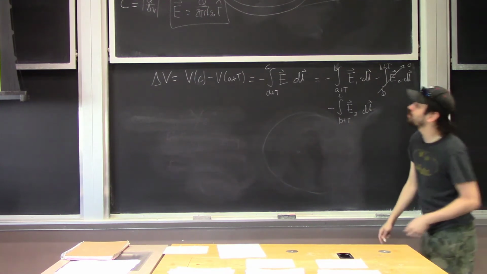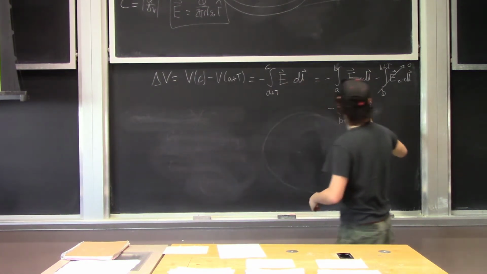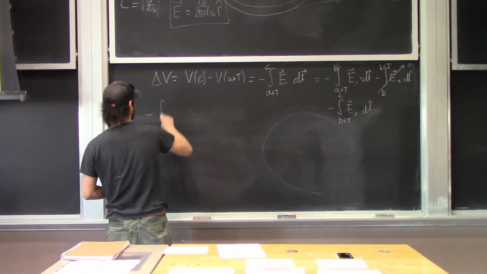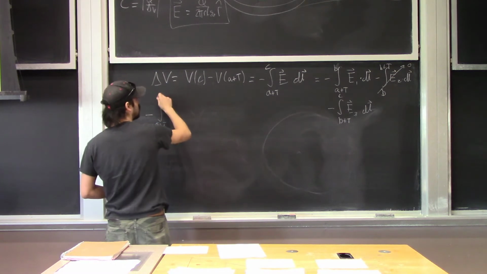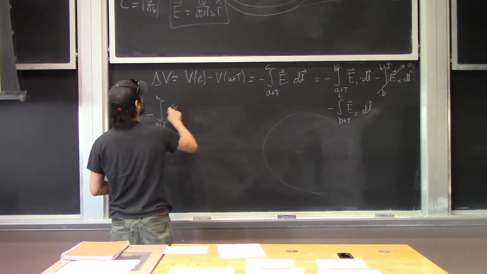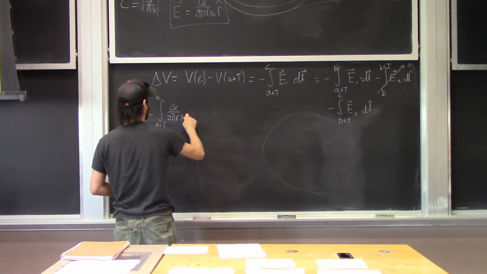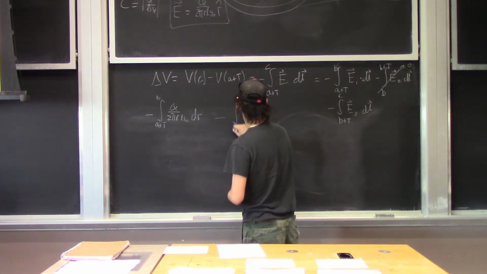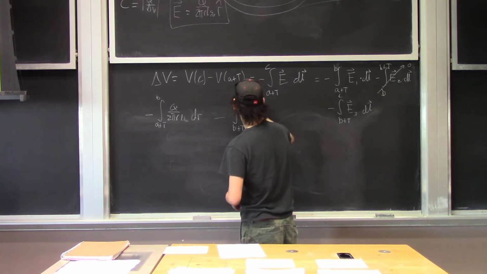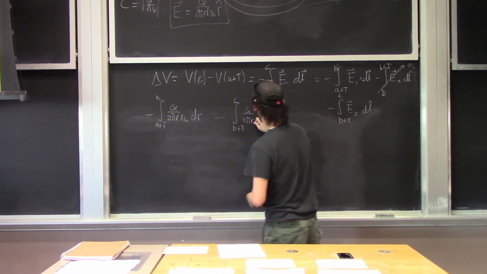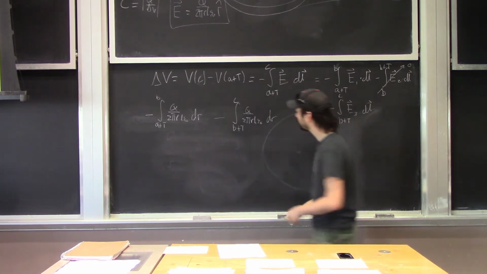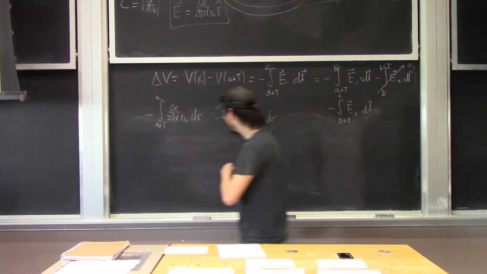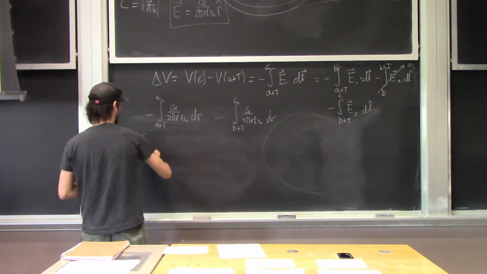And now I can plug in the electric field into these two integrals and then evaluate it. So this is going to be minus the integral from a plus t to b of q divided by 2 pi r l epsilon naught dr, minus the integral from b plus t to c of q divided by 2 pi r l epsilon naught dr. When I do these integrals, I'll have a negative sign on the outside.